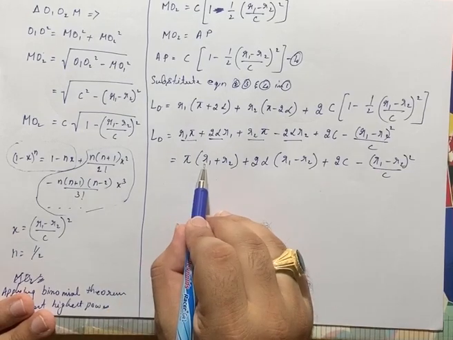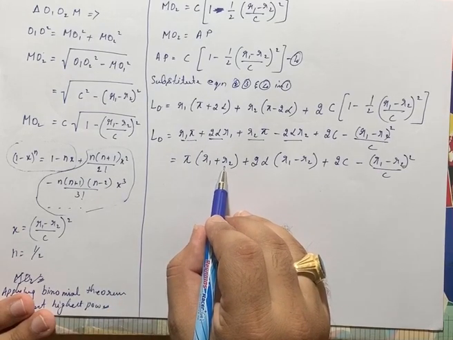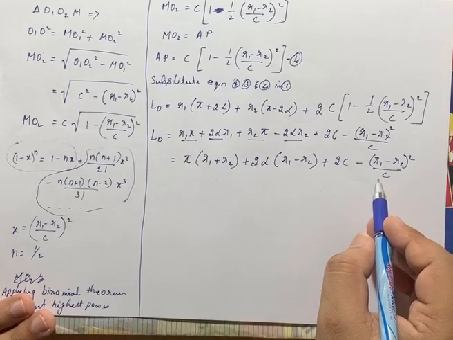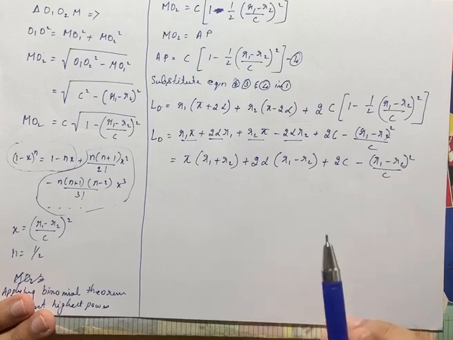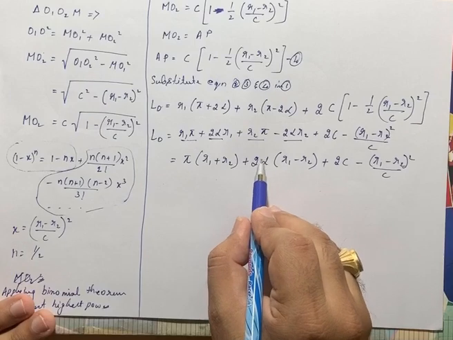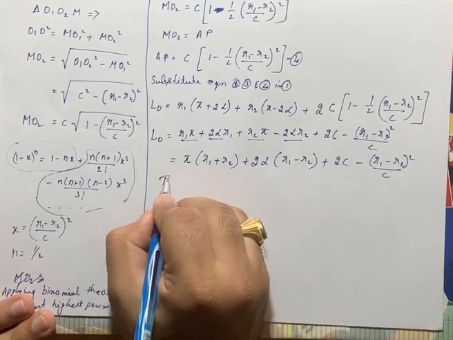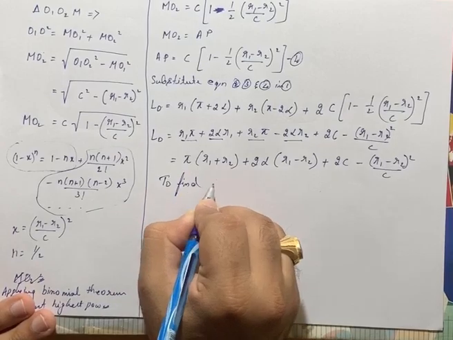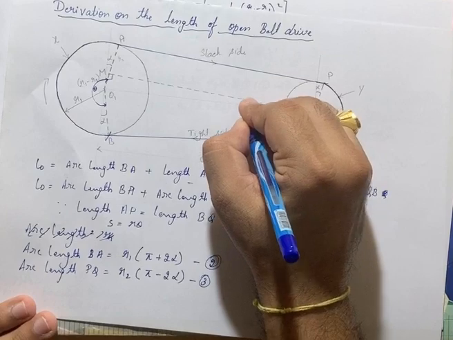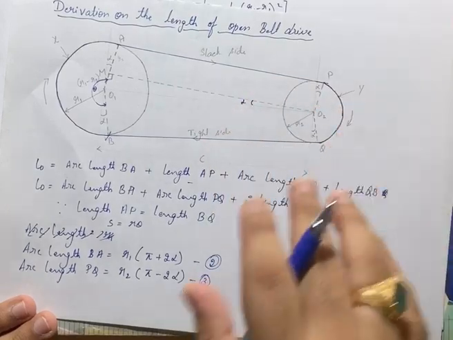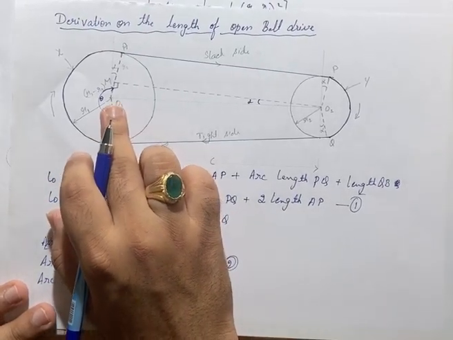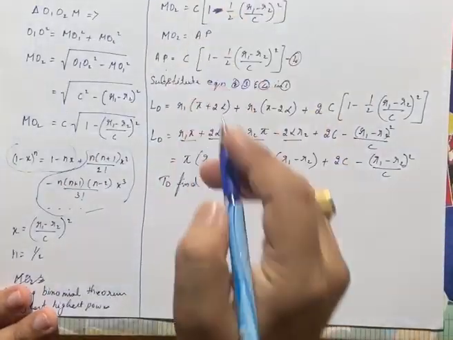Now, R1 and R2 are the radii of the driver and driven pulleys, and C is the distance between the centers of the driver and driven shafts, but we do not know alpha here. To find alpha, this angle here will also be alpha, so I will take the triangle O1 M O2 to find alpha.